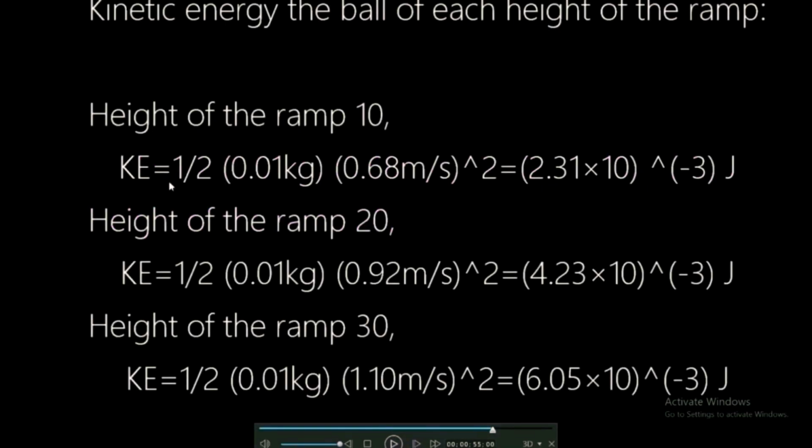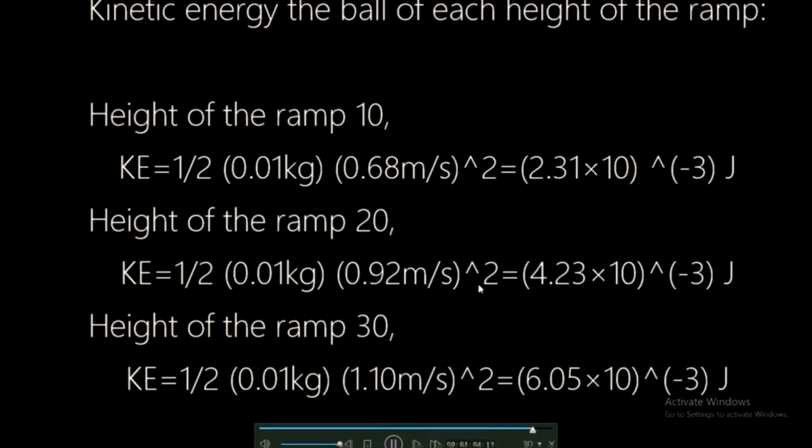Kinetic energy of the ball for 10 cm is 2.31 times 10 to the power negative 3 joule, 4.23 times 10 to the power negative 3 joule for 20 cm, and for 30 cm is 6.05 times 10 to the power negative 3 joule.